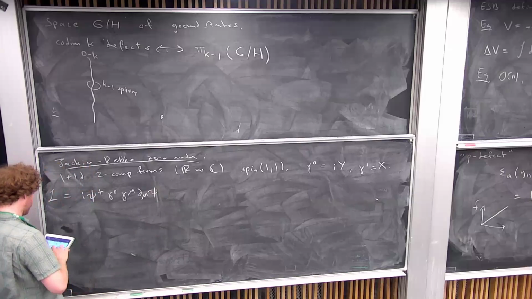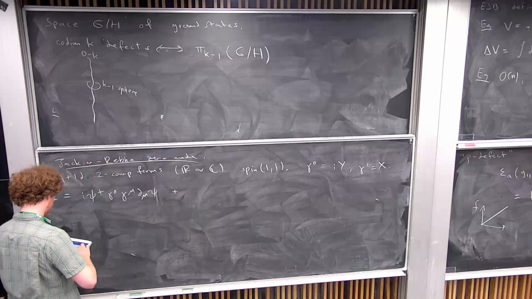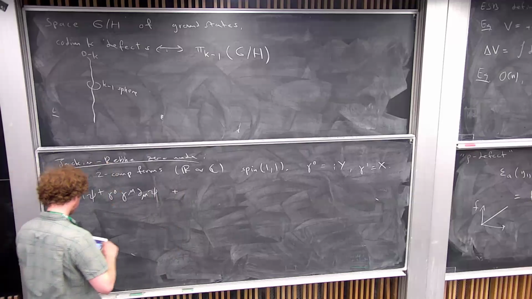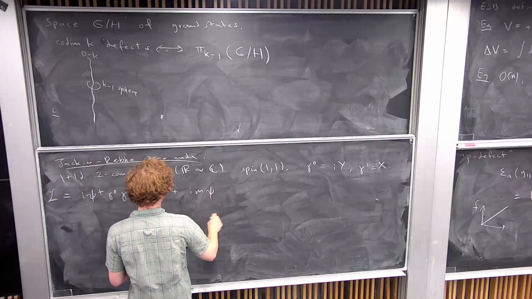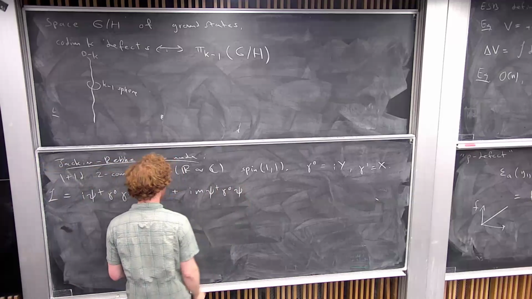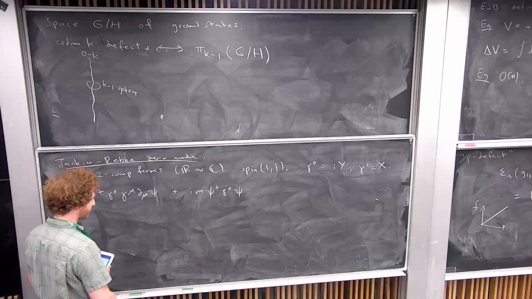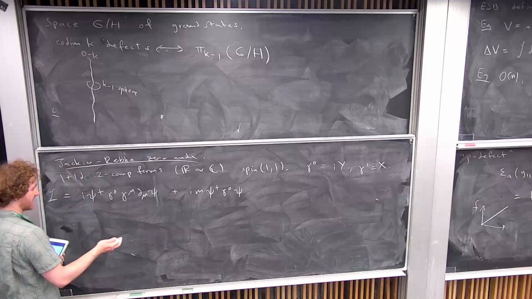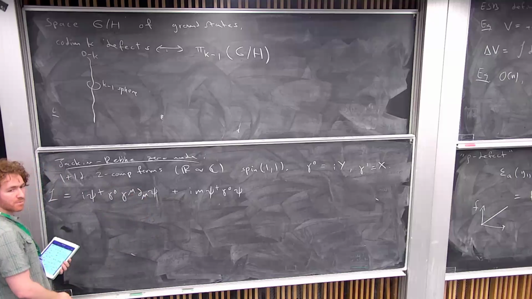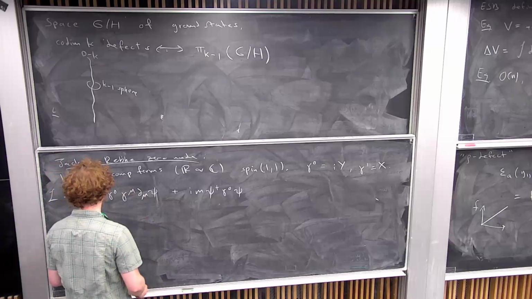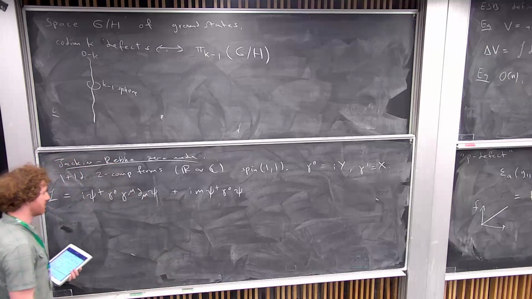We have a kinetic term, and I want to think about adding to this kinetic term a mass term for psi. Now the rules for these, I wrote down some expression. The rules for these is that it has to be real. So you have to make sure that this is a Hermitian combination of all of the operators. And that's what forces you to have these i's here. So I'll leave that as an exercise to you.